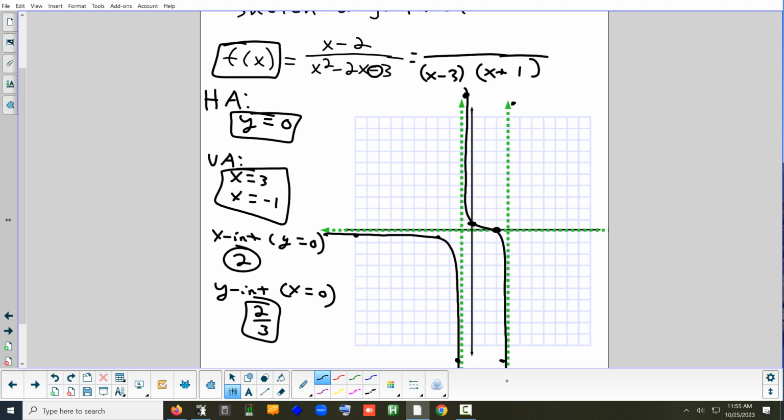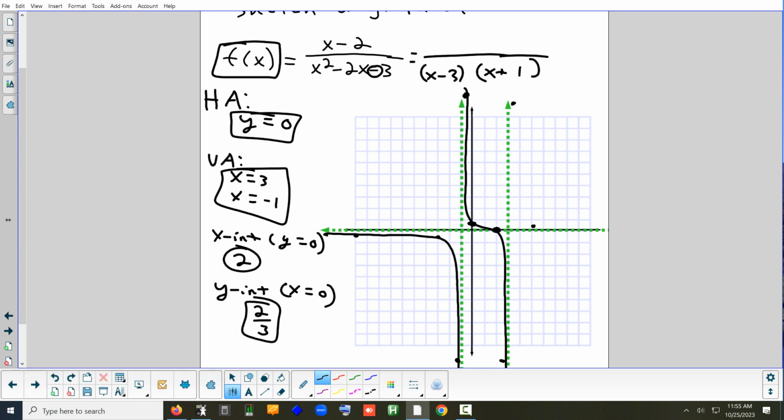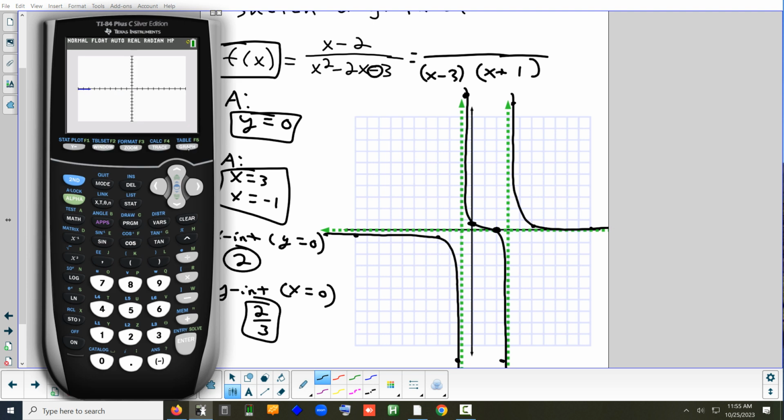And then let's try 1, 2, 3, 4, maybe 5 and then 10. So 5 and 10. Quarter and 0.1. Let's see how the calculator does. Sometimes it's too steep and it looks like it just stops. But no, it did that one the way it should have.